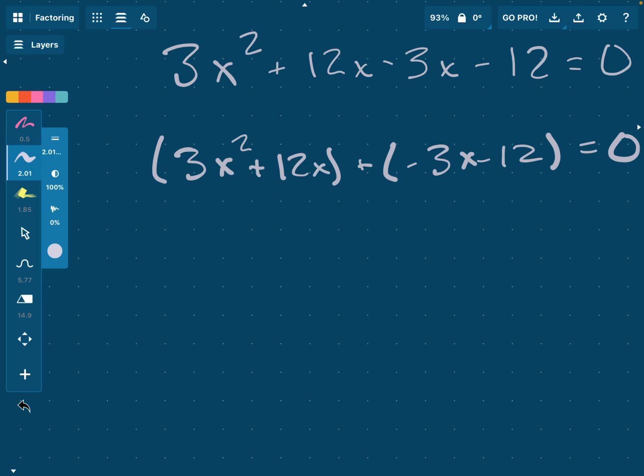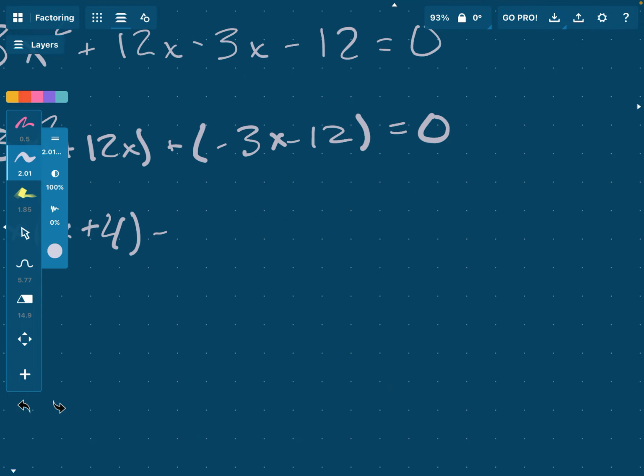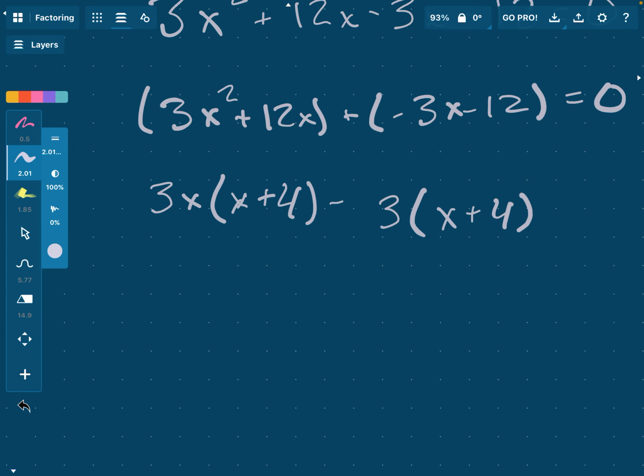So now we're just going to pull out the largest common factor from each of these, the greatest common factor. So we have 3x from the first one, which is going to give us x plus 4. And then for the second one, we have negative 3, which is going to give us x plus 4. And now, since these both have a common binomial that they're being multiplied to, we can actually factor these out.